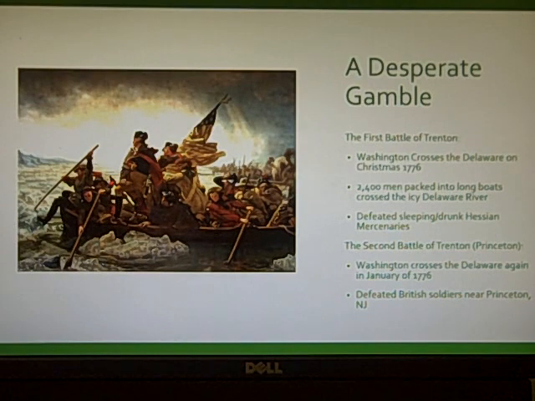But that's also part of the reason why the Hessians, right, who are a professional fighting force, like they're paid to fight, they're not really paying attention, right? They don't really have sentries posted, right? A sentry, that's a military term for somebody who's on watch, somebody who is staying awake at night and making sure that you're not attacked at night, or making sure that your encampment is not overrun, okay?